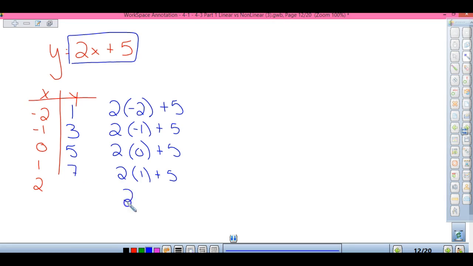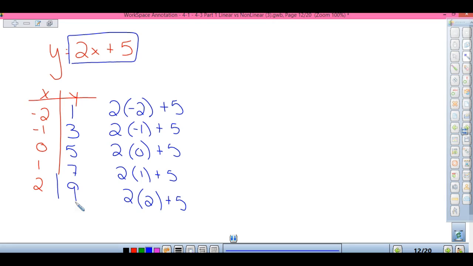And then 2 times 2 plus 5 is 9. You should be able to tell if your answers are right or wrong because this should be a pattern. These are all going up by 2's.